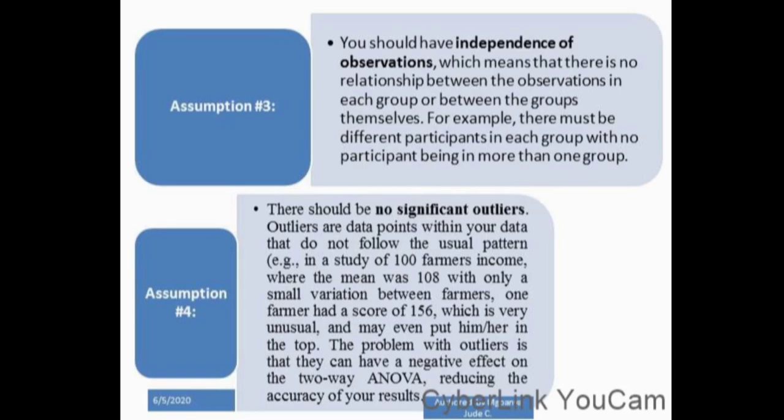Assumption 4 is that there should be no significant outliers. Outliers are data points within your data that do not follow the usual pattern. What do you mean by that? For the different groups like primary and secondary, now we observe those in primary school with their mean to be 50.